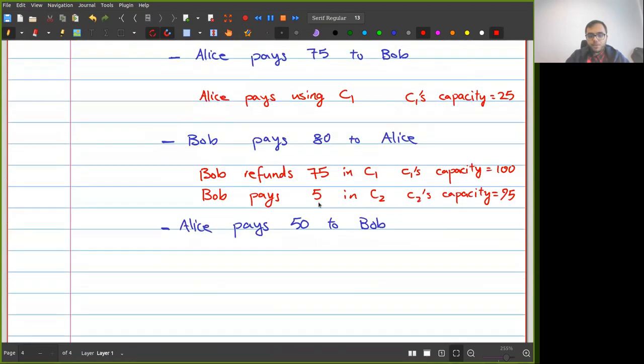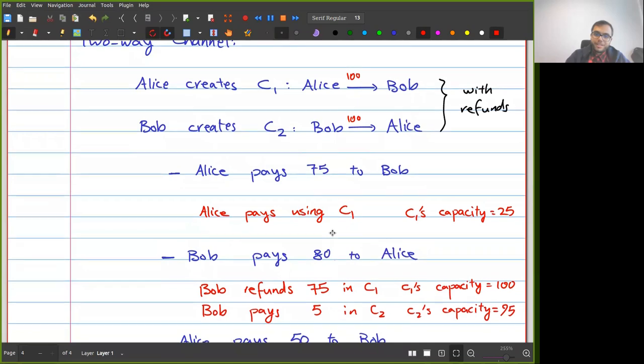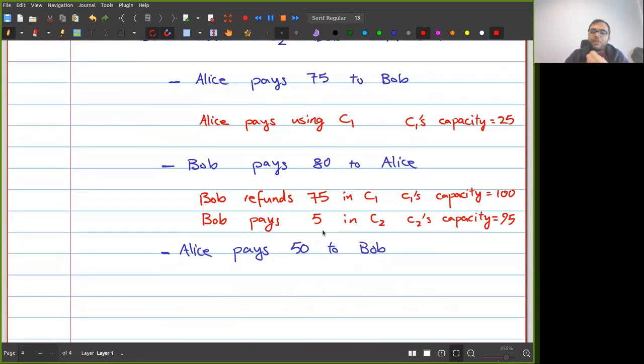Now, if Alice wants to pay 50 units to Bob, well, again, we do the same thing. Alice has already paid 5 units in C2, so she can first refund these 5 units. And after refunding these 5 units, she can pay another 45 units in C1.